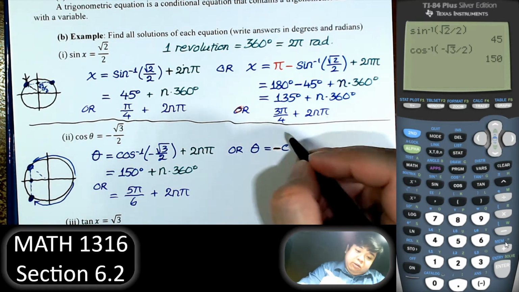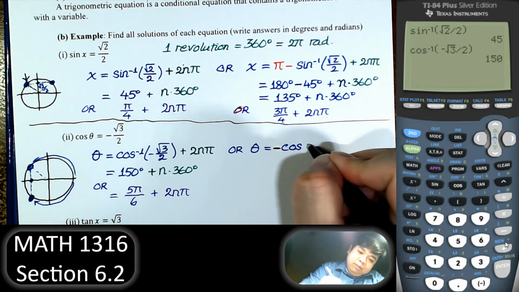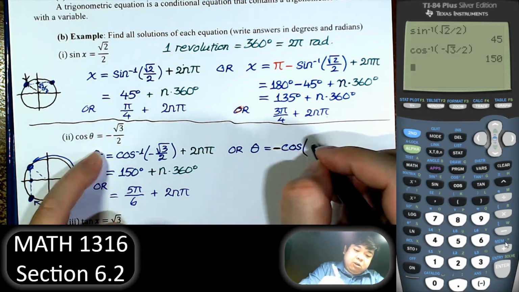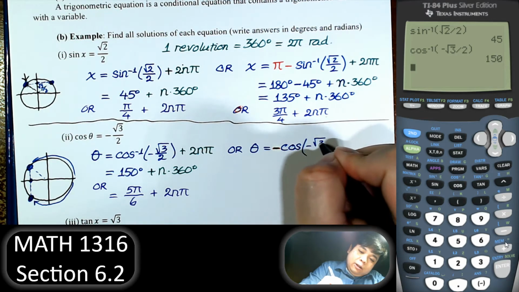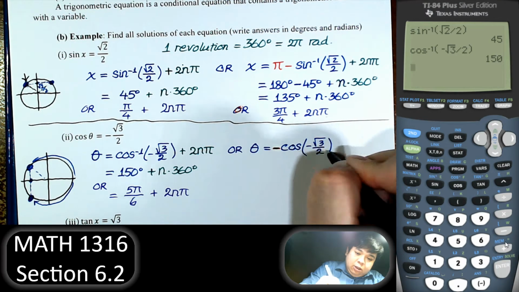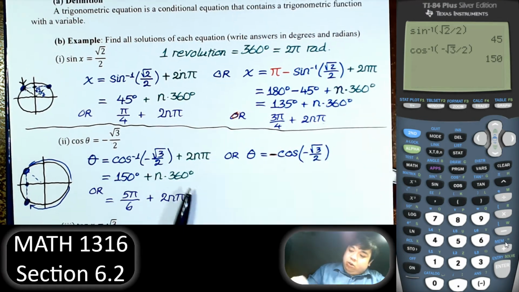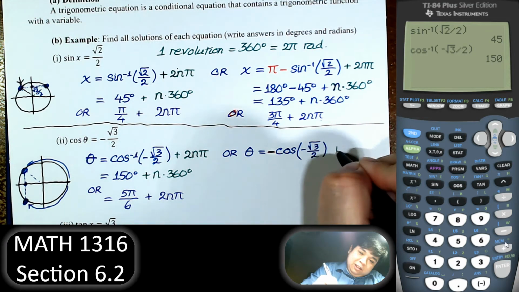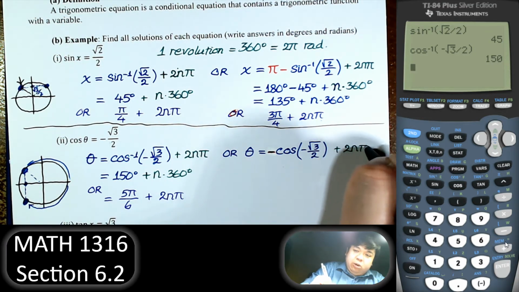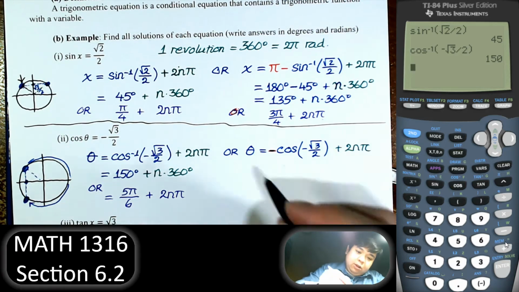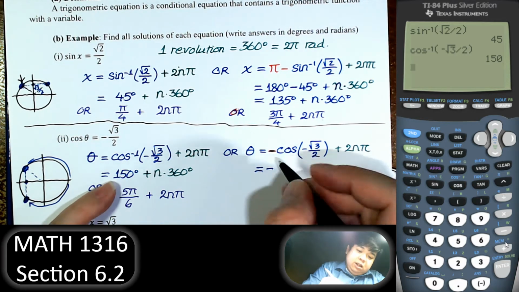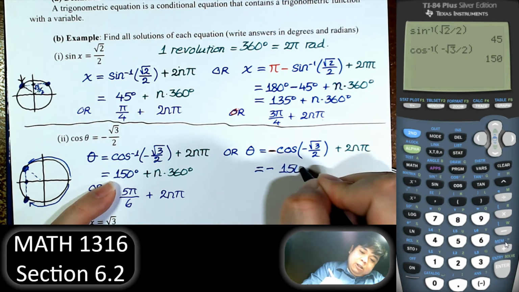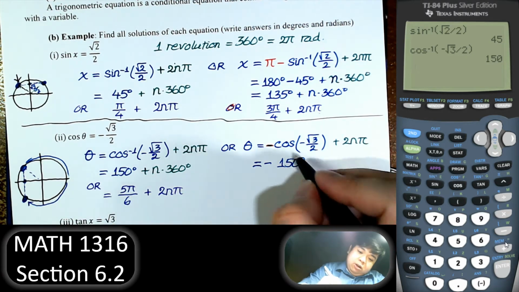Cosine is an even function, so that's why they have the same x values if the angles are opposites. So do that, and then plus 2n pi in general. And negative, we already did the inverse, that's 150 degrees, plus 2n pi.